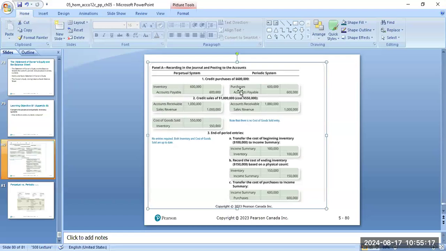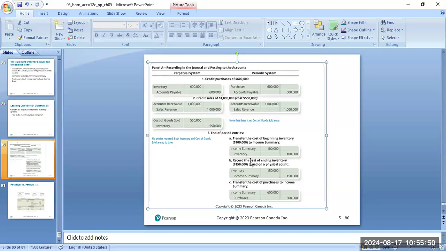In the periodic, we debit purchases and credit purchase returns, purchase allowances, and everything else. Also, at the point of sale, on the perpetual system, we're recording the cost of goods sold to reduce the inventory, whereas in the periodic system, we're doing this at the end of the period once we have calculated the cost of goods sold.